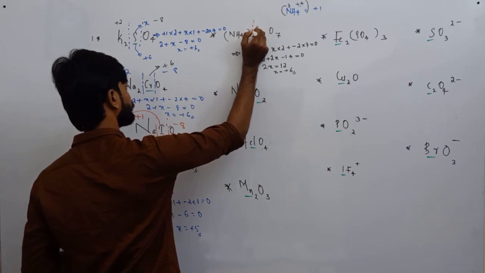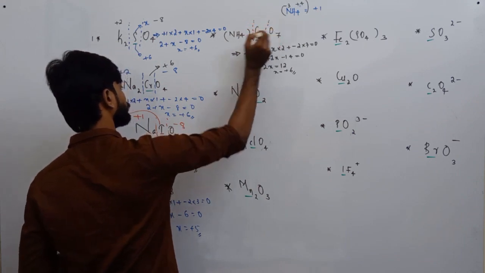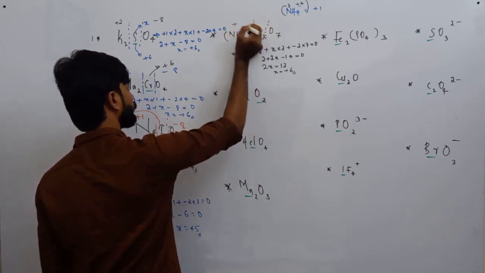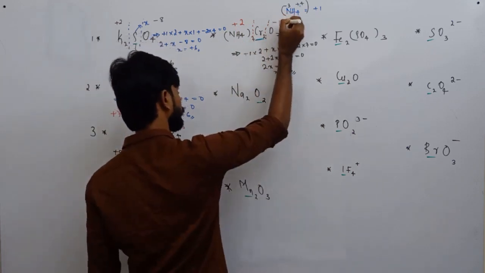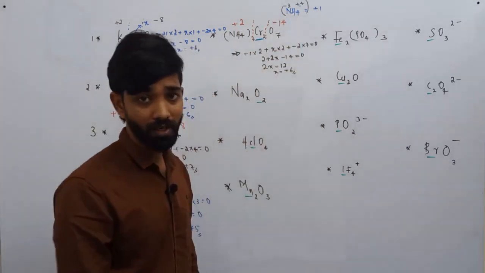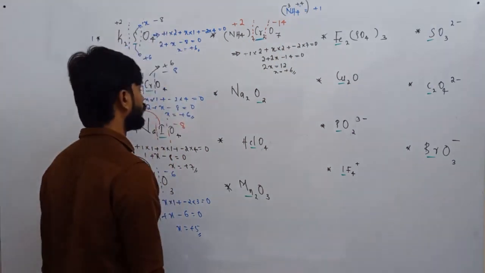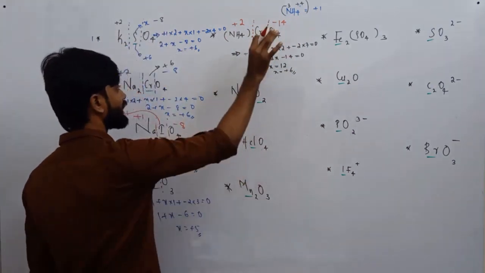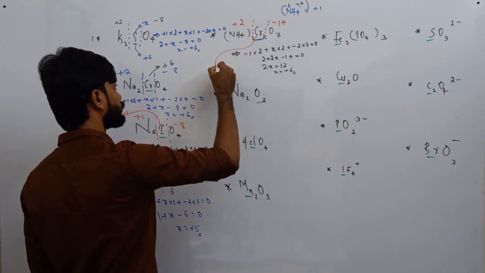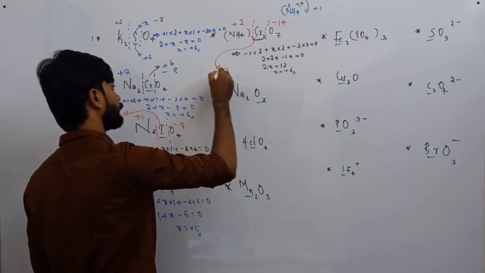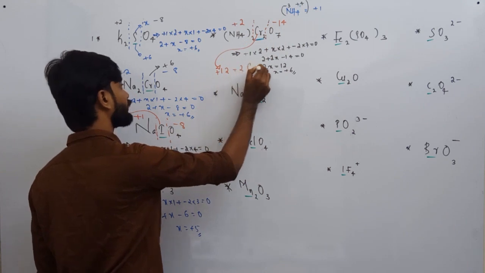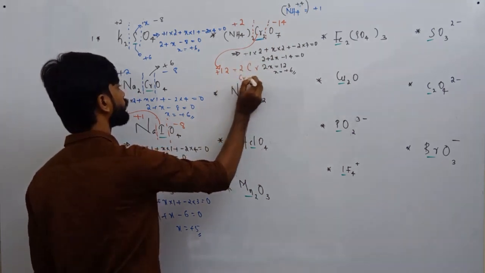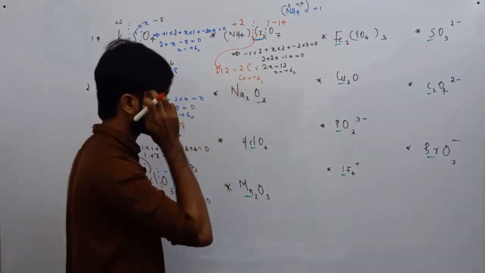So via splitting, this ammonium is plus 1, so 2 ammonium plus 2. Oxygen minus 2, so 7 oxygen minus 14. So the excess charge is minus 12 and it should be offered by your chromium. So chromium has to offer plus 12, but there are 2 chromium, so each chromium offers plus 6.